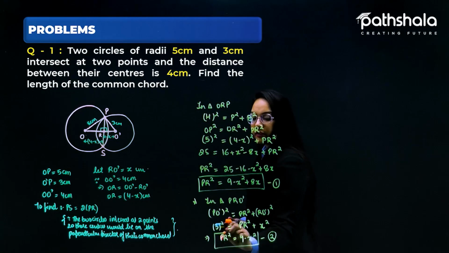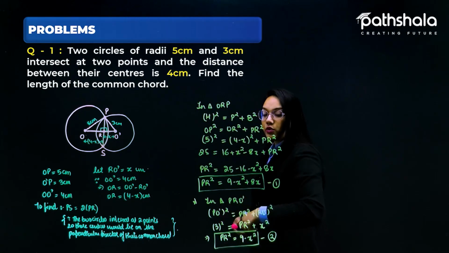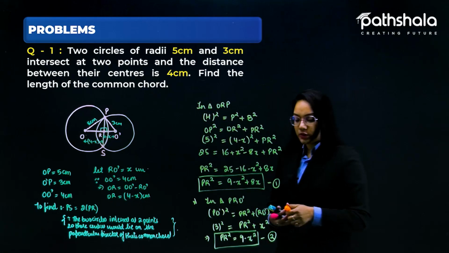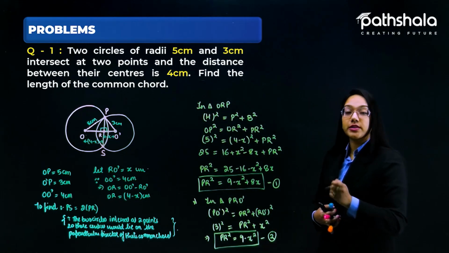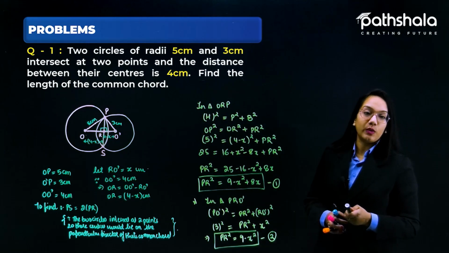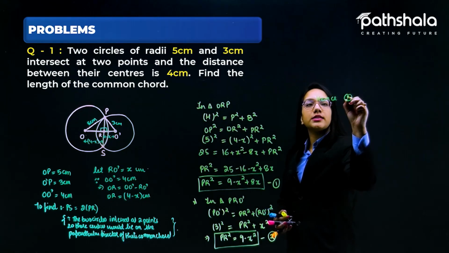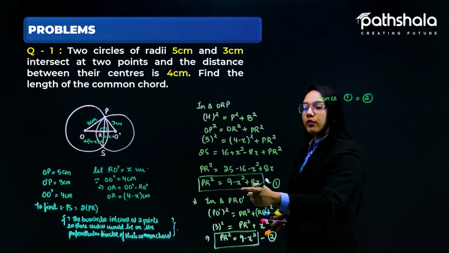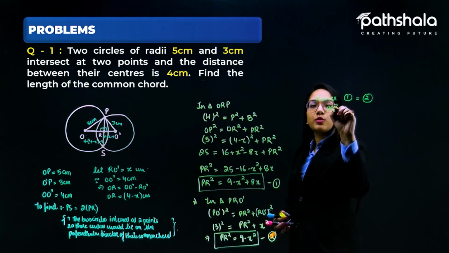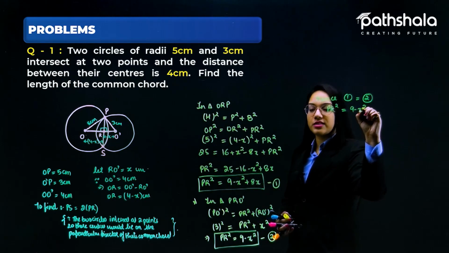Now we have two equations, equation number 1 and equation number 2. Since both of the values are equal to PR square, they must be equal to each other. Hence 1 is equal to 2. So PR square is 9 minus X square plus 8X, which is equal to 9 minus X square.